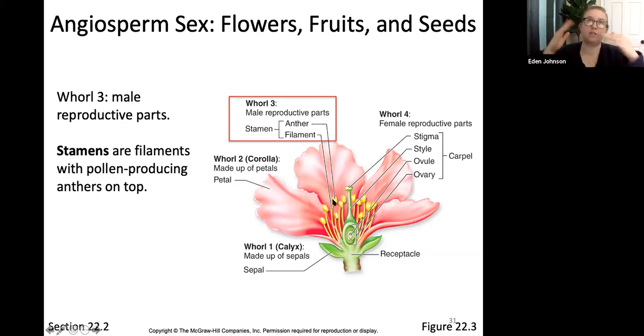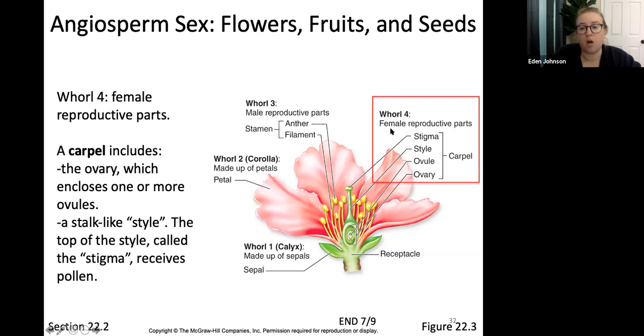The filament is basically going to send pollen out from the anther. In a lot of plants, the anther is sticky. And so when a pollinator comes up to this flower and is walking around, that anther is going to dust whatever pollinator has just come with their own pollen. So whorl 3 are the stamens. These are the male reproductive parts.